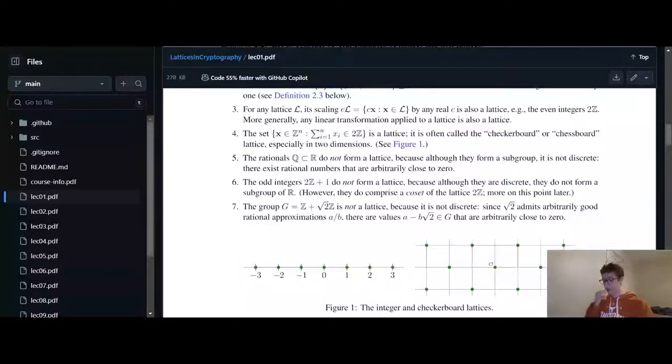Oh, that's so interesting. Cool. That one makes sense: when you add them together, you get 2, and 2 does not span, so therefore it cannot be a lattice. It's pretty interesting.